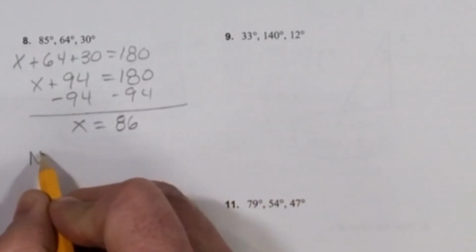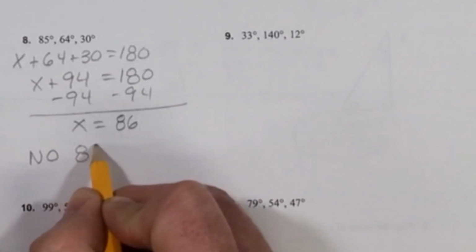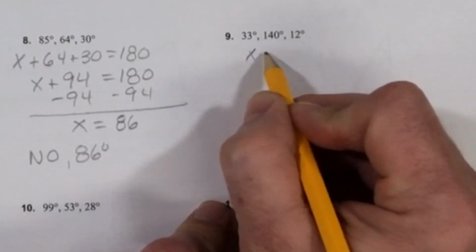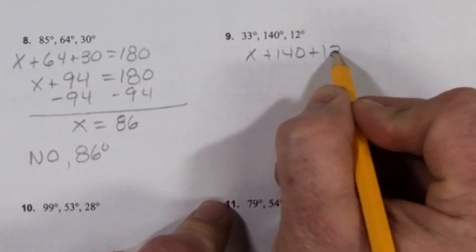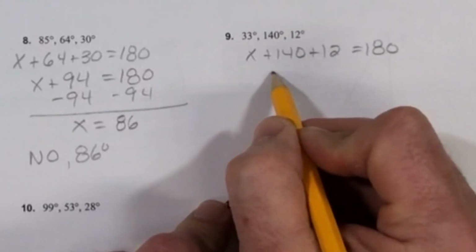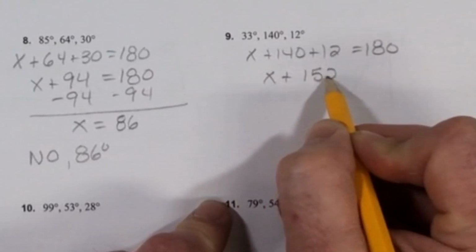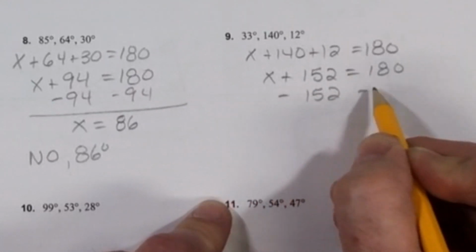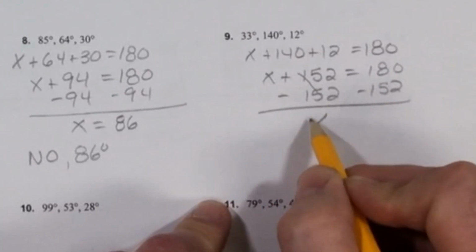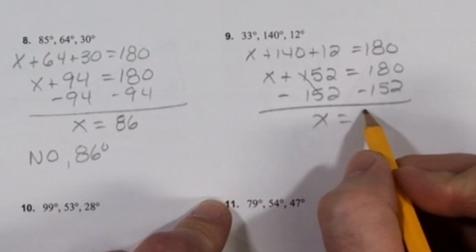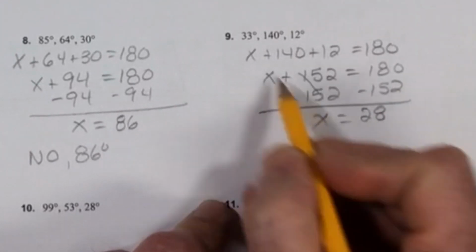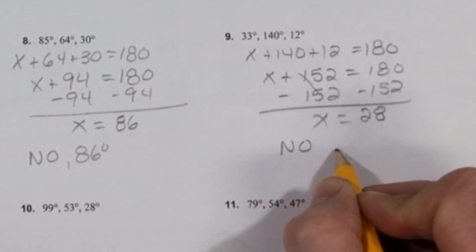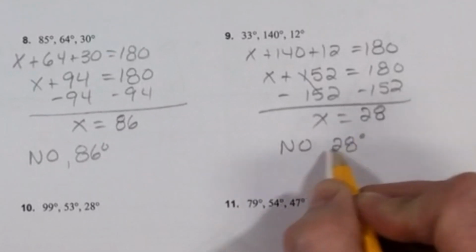No. So this is a no, and the first one has to be 86 degrees. x plus 140 plus 12 equals 180. x plus 152 equals 180. Minus 152 on each side. x equals 28. Not even close. So no, and it has to be 28 degrees.